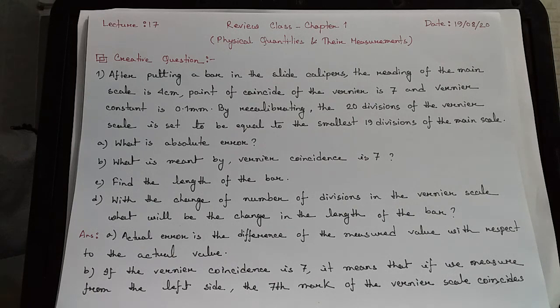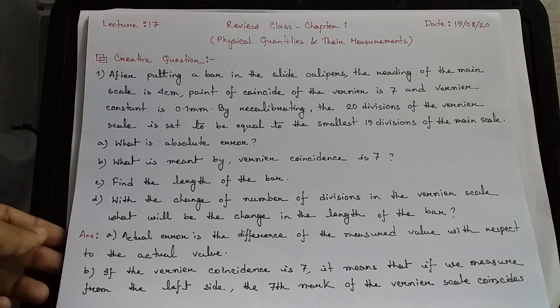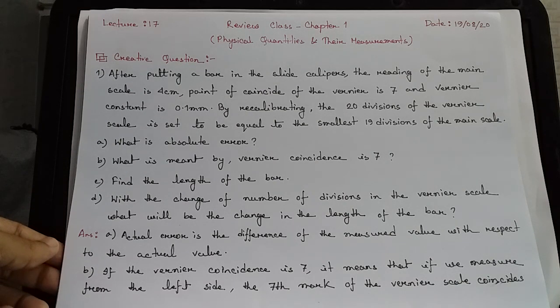If there is exact coincidence, we will count that one. So this is question number B, what is meant by vernier coincidence?